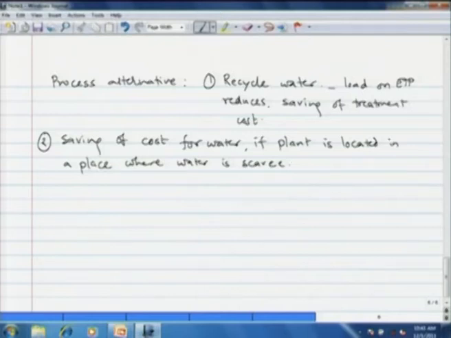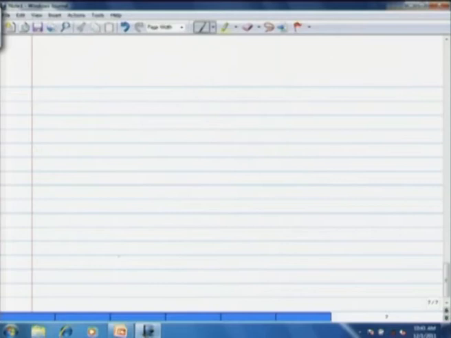Now, let us see how a flow sheet with recycling of water will look like. The first unit will remain the same, that is the absorber. Okay. Let us draw that flow sheet. Flow sheet with recycling of water.